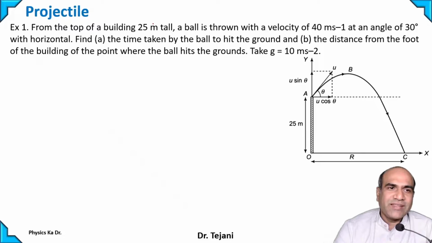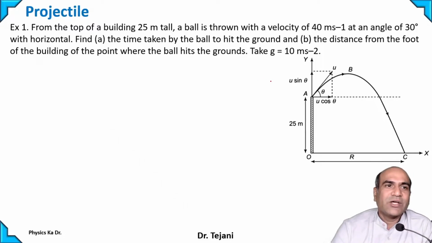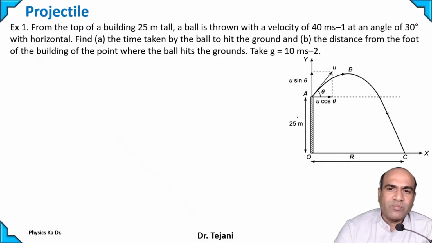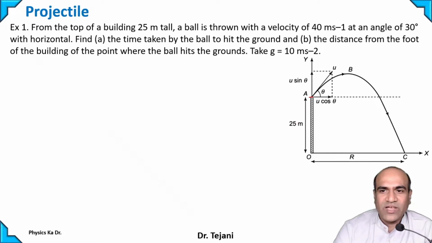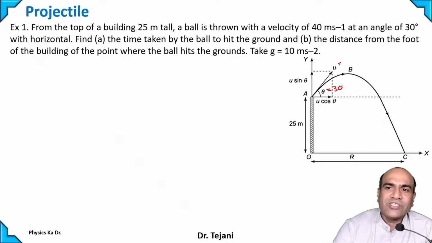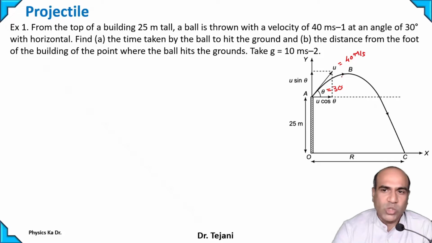Let us again understand. From the top of the building, 25 meters, this is the height of the building. At an angle theta, which is 30 degrees, with initial speed 40 meters per second, the ball is thrown.